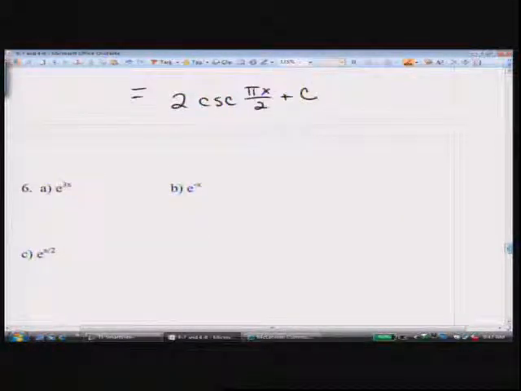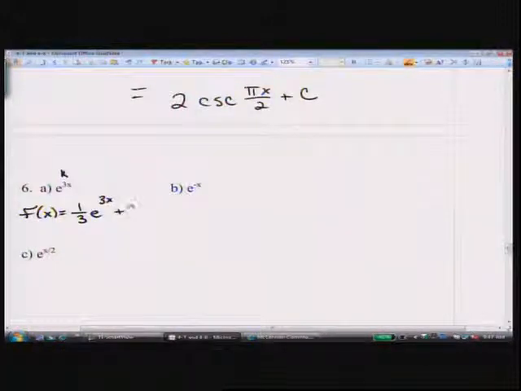Okay? So here your k is 3. So F of x, big F of x, is going to be 1 over 3 e to the 3x plus c. Here your k is negative 1.